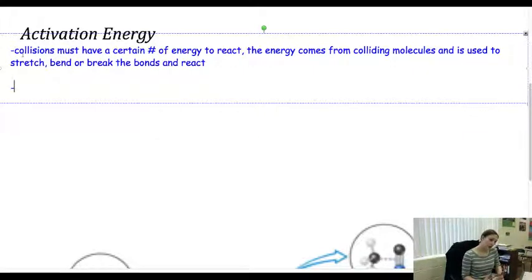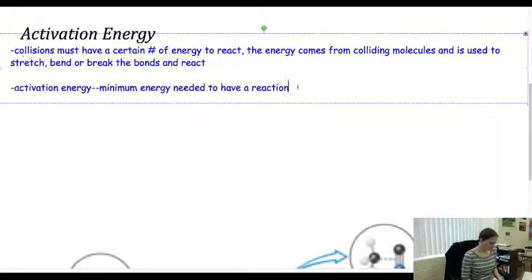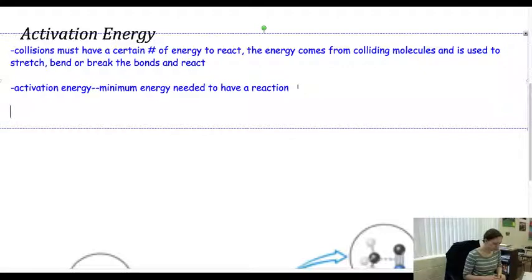Now this activation energy is just what it sounds like. It's the energy required to activate the reaction. So it is the actual minimum energy that I need to get the reaction to occur. Because my molecules require a minimum amount of energy, a set number that those molecules have to have before they want to break apart or stretch apart and actually cause the reaction.